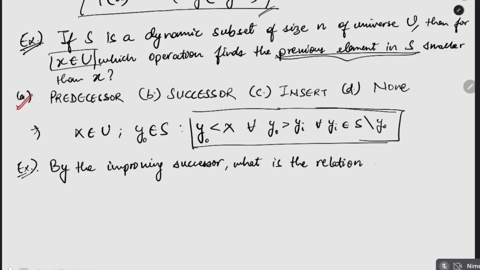What is the relation of successor of x comma x in a widget? Is it 2 times?